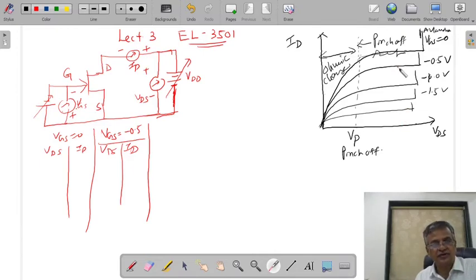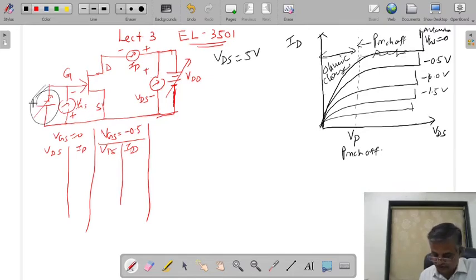Now, transfer characteristics we have also discussed. In transfer characteristics, we have kept VDS fixed. We have changed the gate source voltage and measured the drain current.